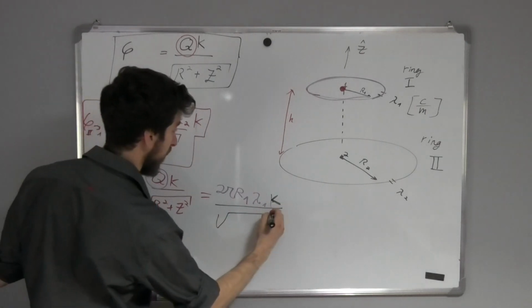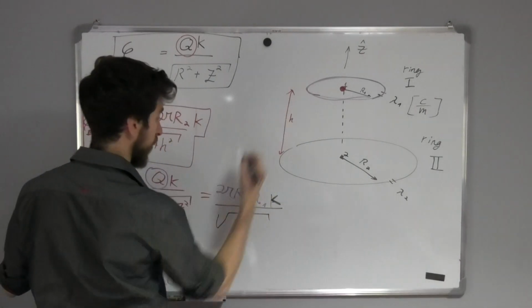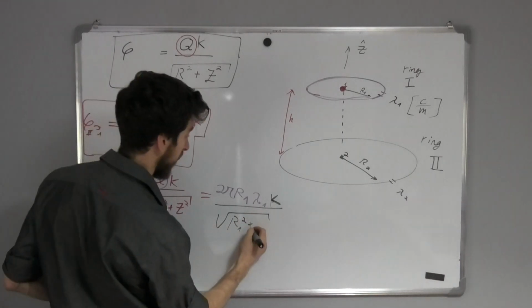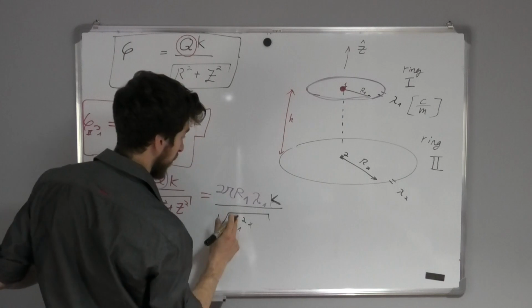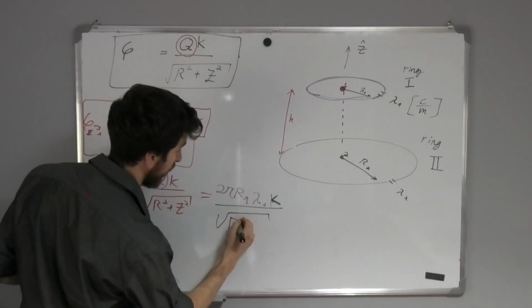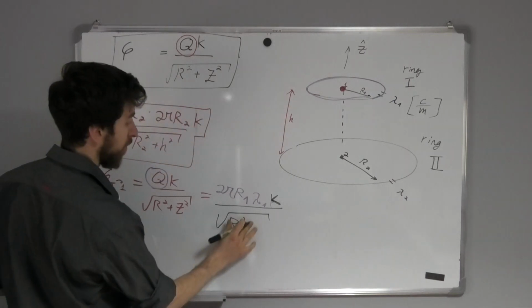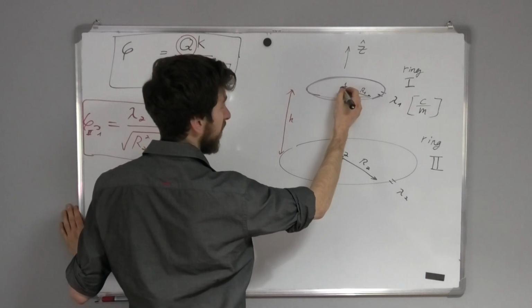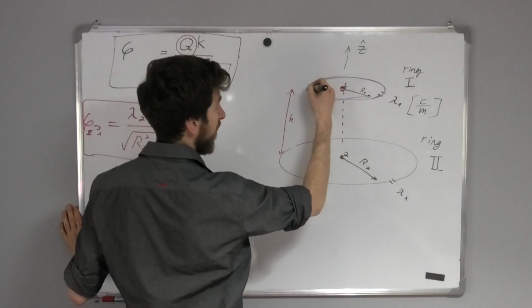divided by the radius of this one, which is r1 squared, plus, let's do it in a more comfortable way, r1 squared plus the height from the ring. And what is the height between this point and the ring?